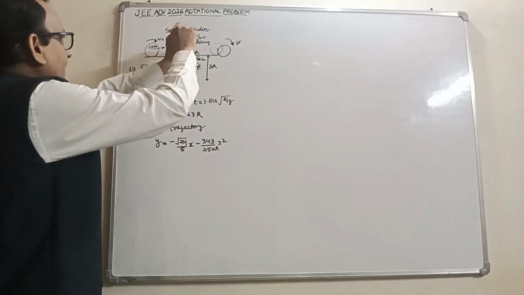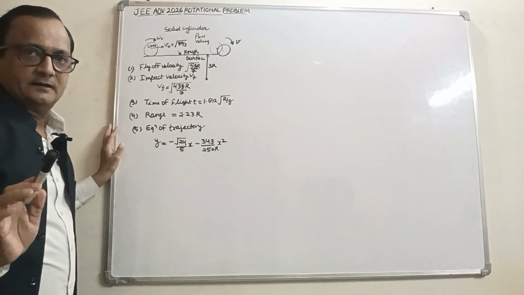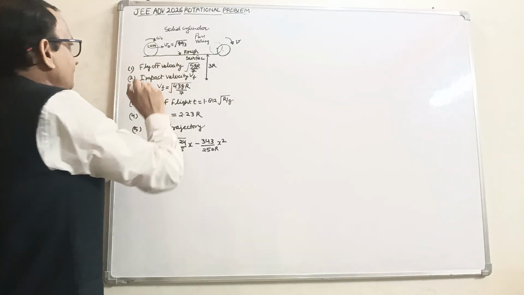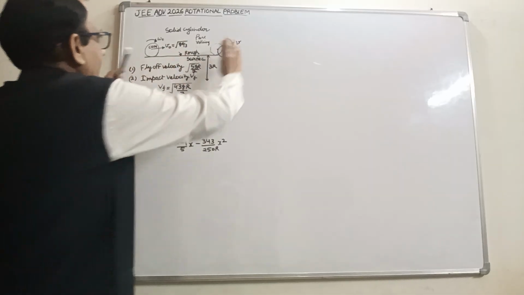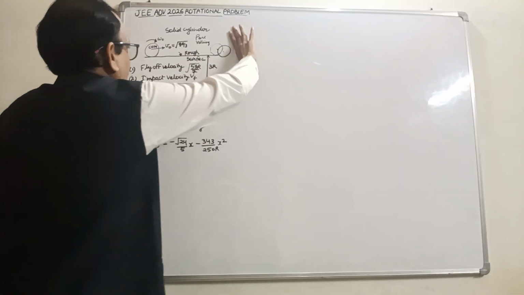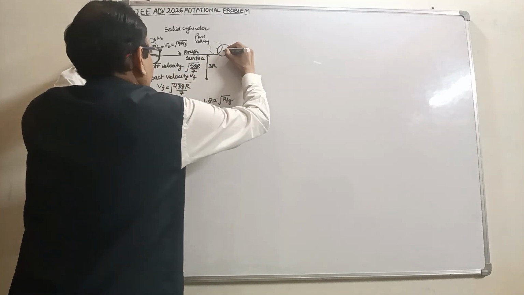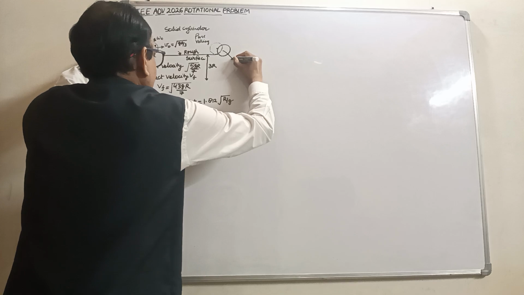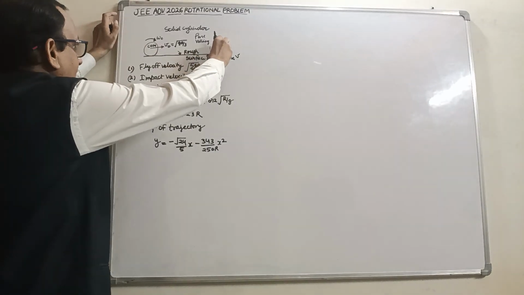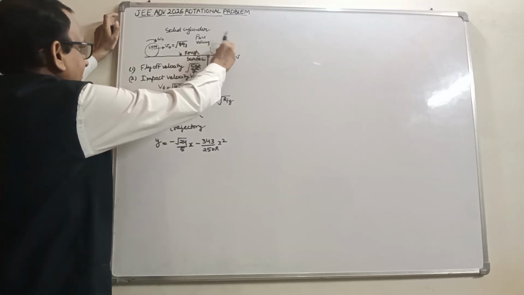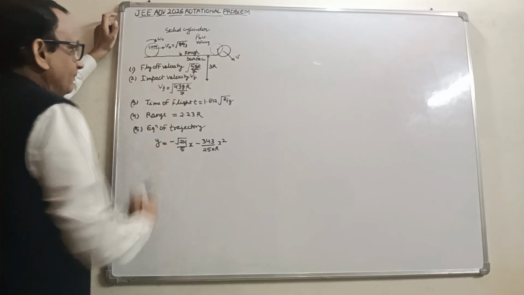The rolling is pure, so this surface is rough, and we have to find the velocity when this cylinder just leaves the horizontal table.